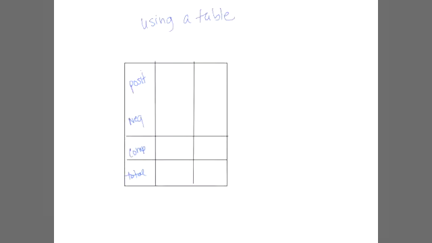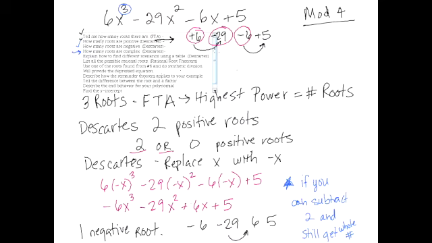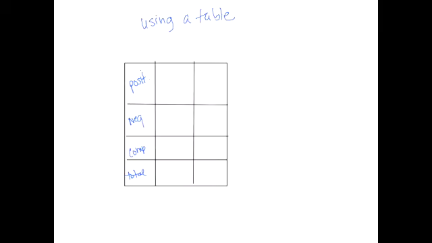So when using a table, what did we learn absolutely for sure? 2 positive or 0, and then 1 negative root for sure. Okay. So we know for sure that we have 1 negative. That is not going to change. But we have 2 or 0.